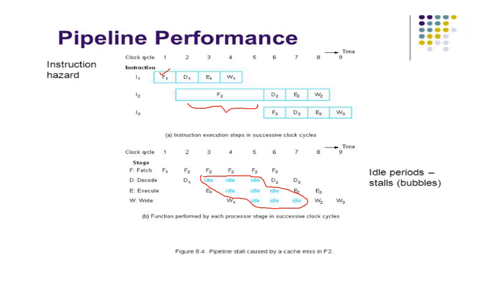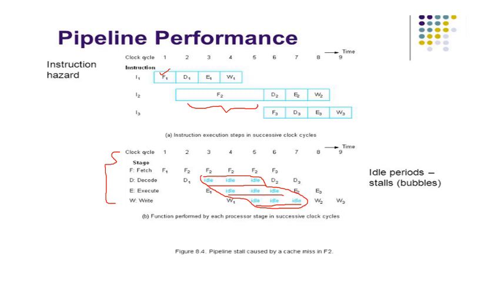An alternate representation of the operation of the pipeline in the case of a cache miss is shown in this figure. This figure gives the function performed by each pipeline stage in each clock cycle. Note that the decode unit is idle from cycle 3 to cycle 5. The execution unit is idle from clock 4 to clock 6 and the write stage is idle from clock 5 to clock 7.